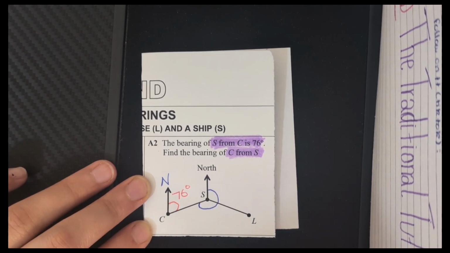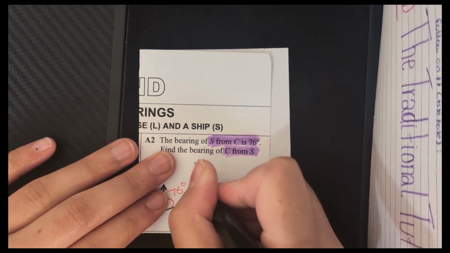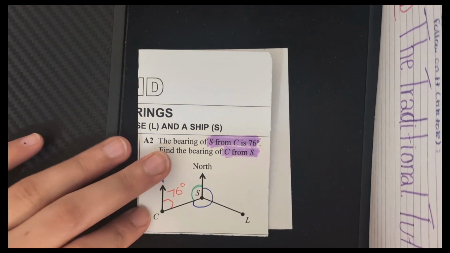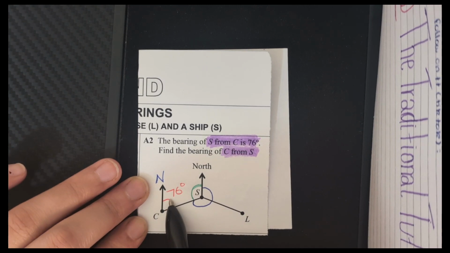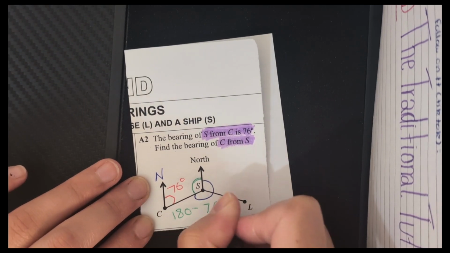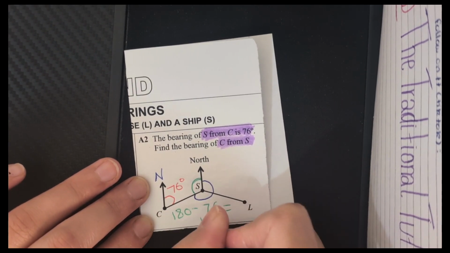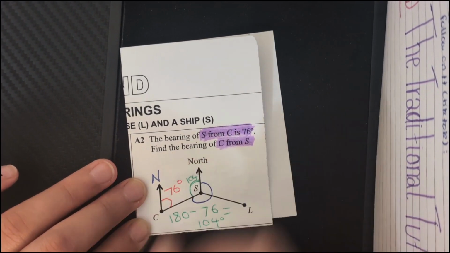Now before I work it out, I need to know some more information, like what is this inside angle over here, because then I can use that to work out my actual bearing. So I know this is 76, and these two angles are co-interior, so I'm going to do 180 minus 76 degrees, which gives me 104 degrees. Therefore this is 104 degrees.